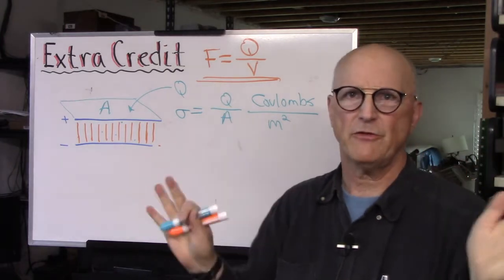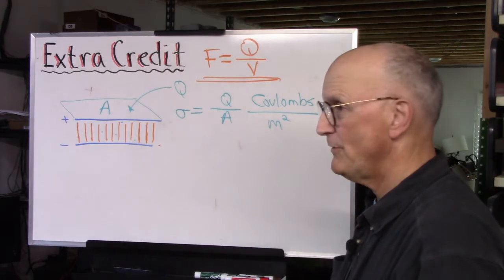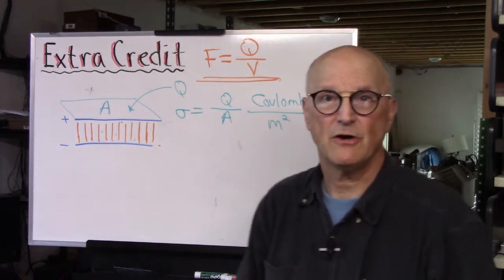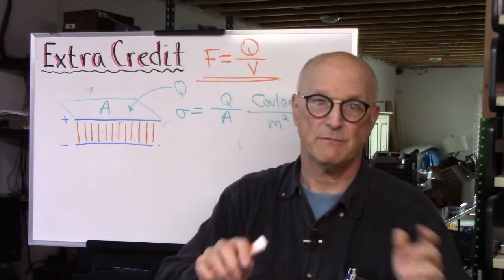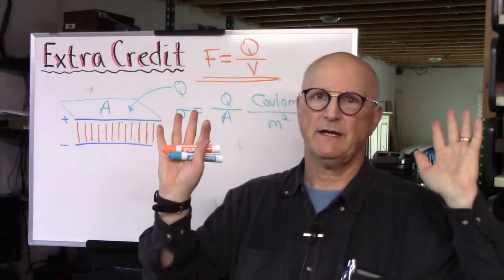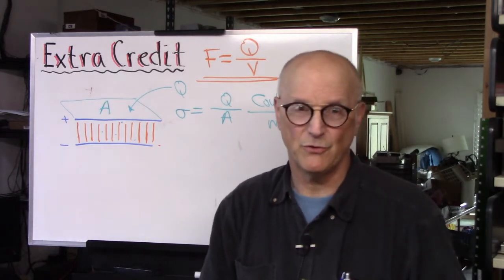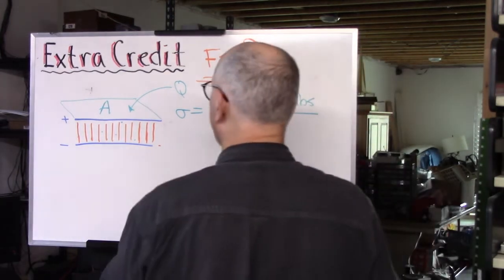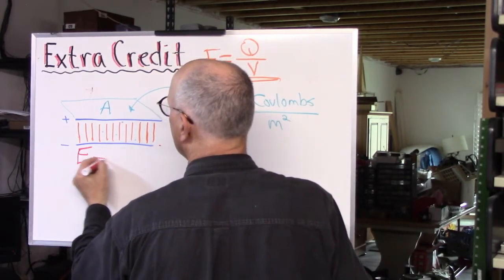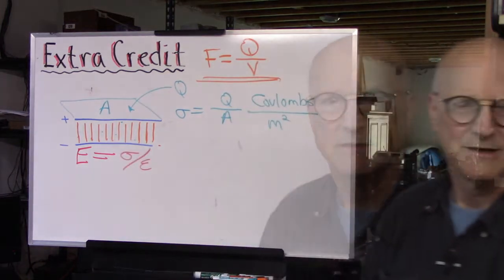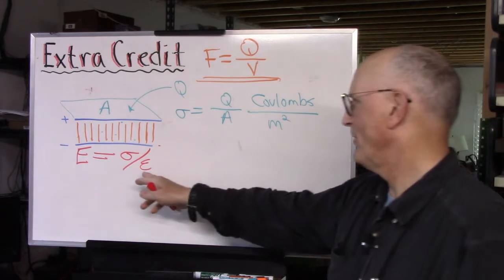Now, without going through all of the math and using Gauss's law and Gaussian surfaces and all that kind of fancy stuff, you're just going to have to accept the following equation as being true. The electric field intensity, E, is going to be the charge density divided by the permittivity.